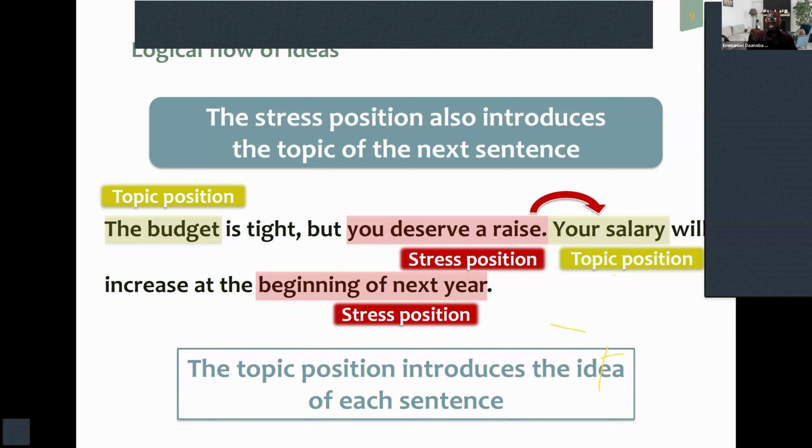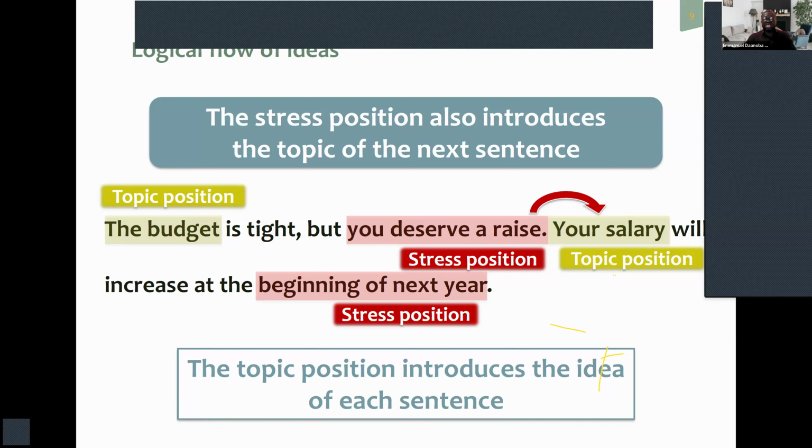Stress position in each sentence should not be at the initial part of the sentence. Stress position should be at the end of the sentence. Then the beginning of the sentence should have the topic position. So the topic position is what introduces the idea of each sentence.